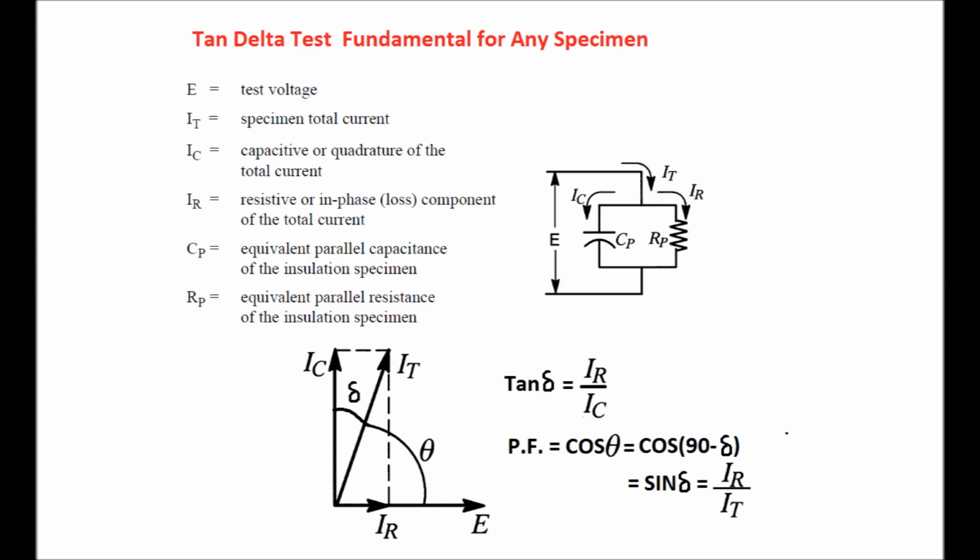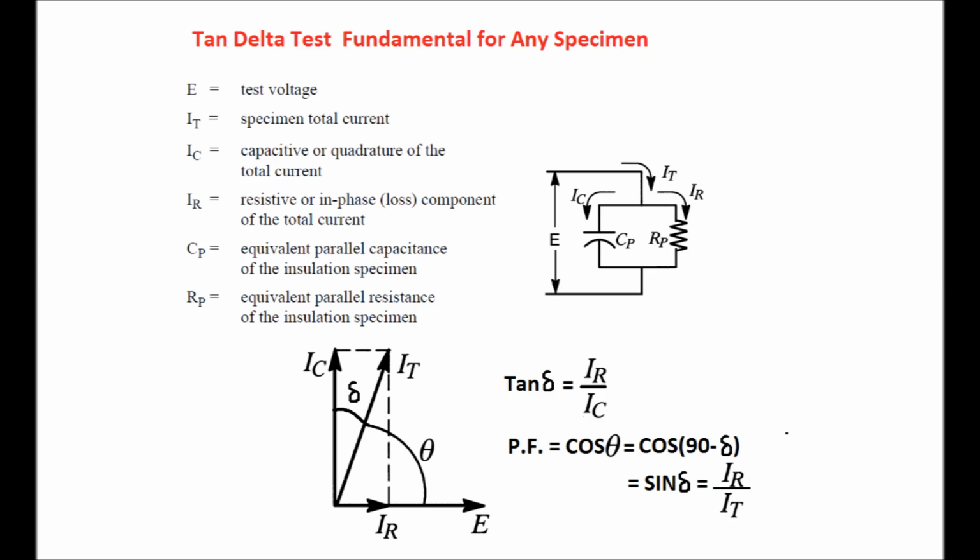So for a tan delta test, a voltage E is applied across the specimen between the high voltage point and the ground point, or maybe the tan delta point if available for the specimen. IC is the capacitive current, and IR is the resistive current.